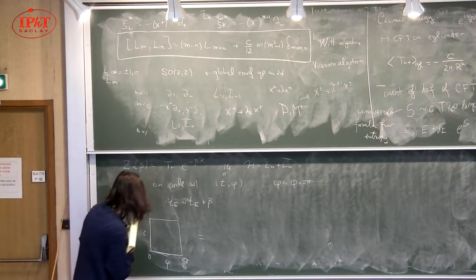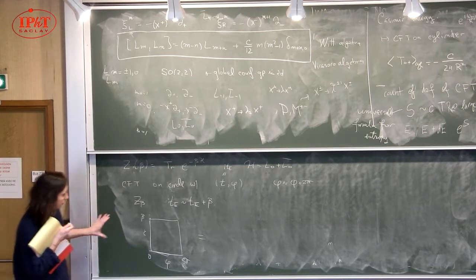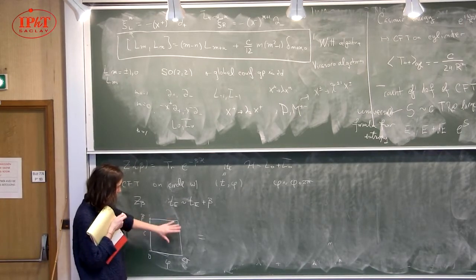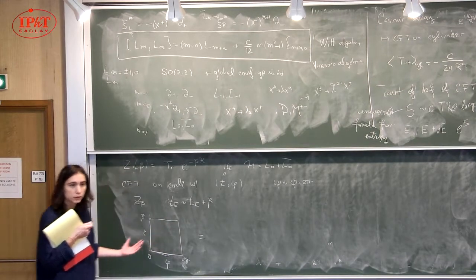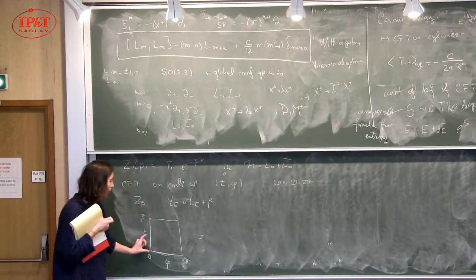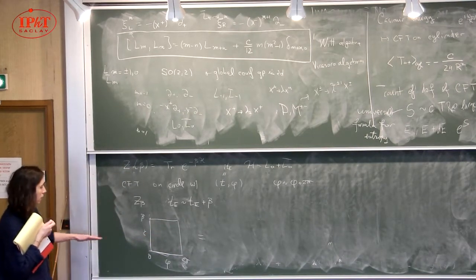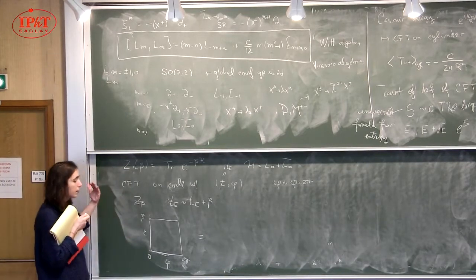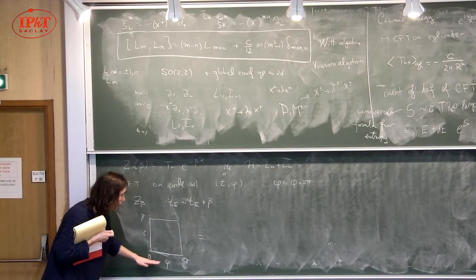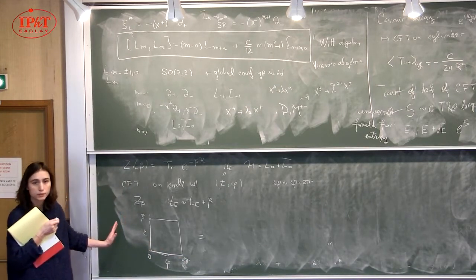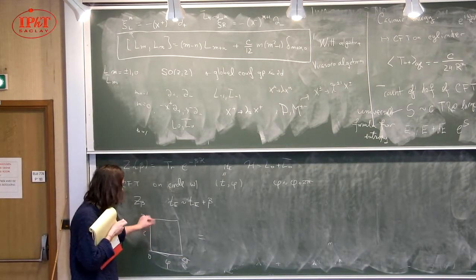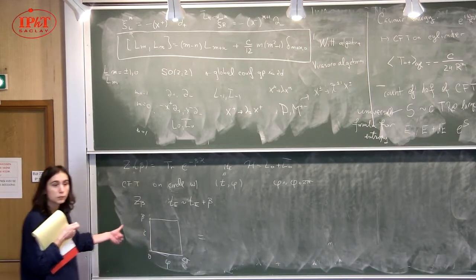Anyways. So now the point is that since I'm just computing a path integral of the CFT on this particular Euclidean geometry, the torus, it doesn't matter which coordinate I label space and which time, because both of them are Euclidean right now. So in principle, I can just invert what I call time and what I call space.